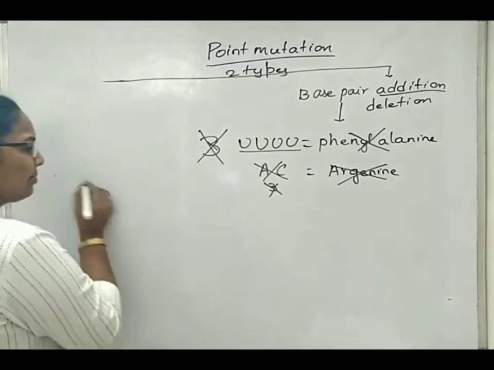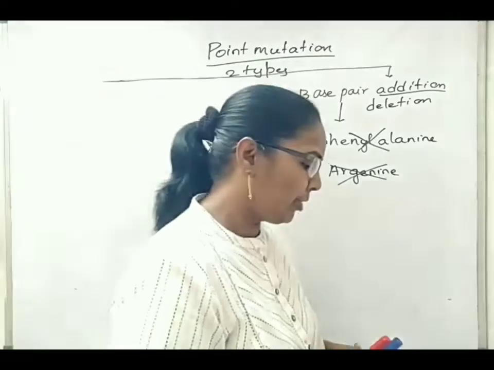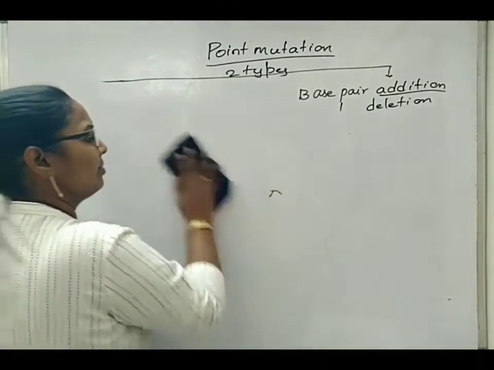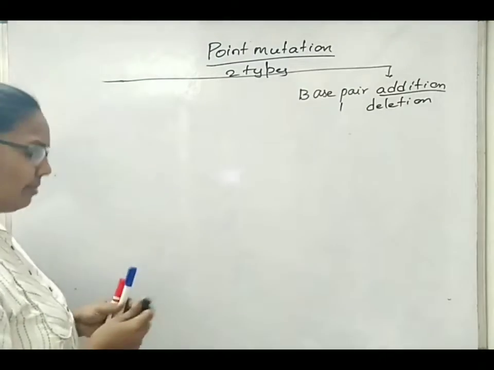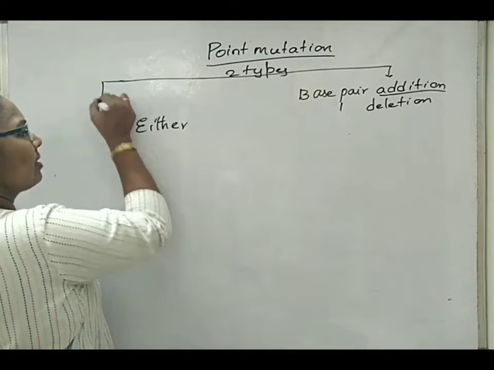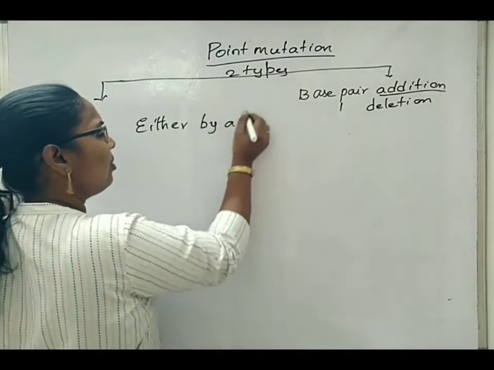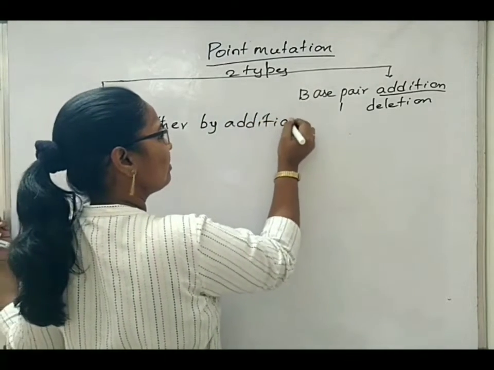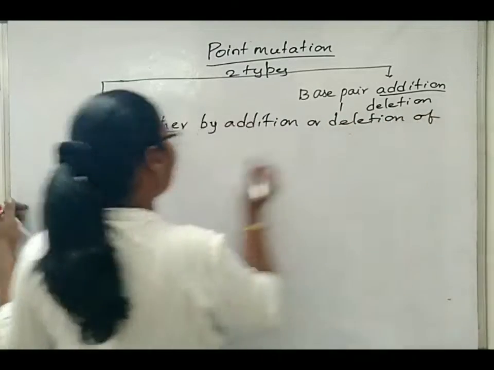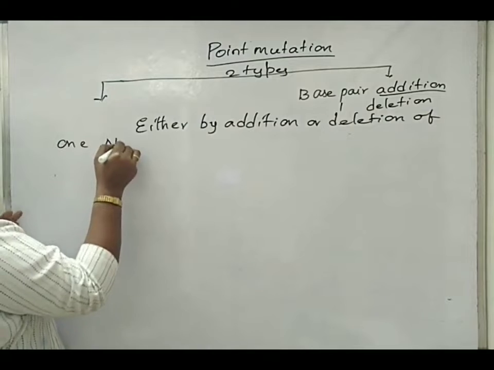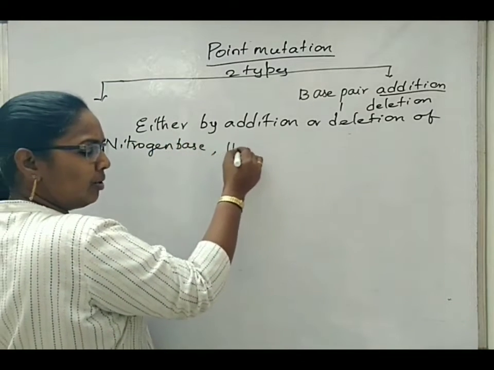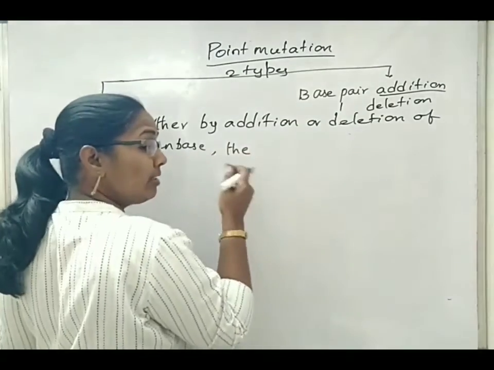So we can say base pair mutations, either by addition or deletion of one nitrogen base, change the frame of the total translation process.